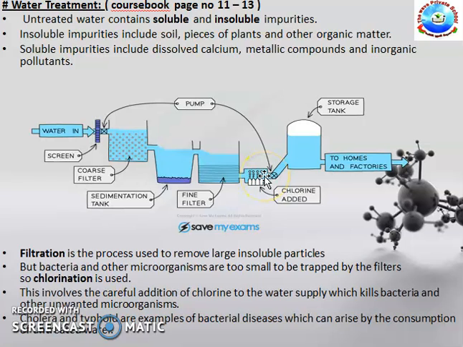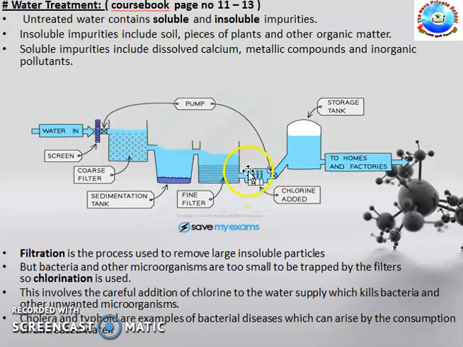Okay, so this process is for bacteria and other microorganisms which are too small to be trapped by the filters; they are so small they cannot be removed by the filter. In such water where small microorganisms are present, they add chlorine.